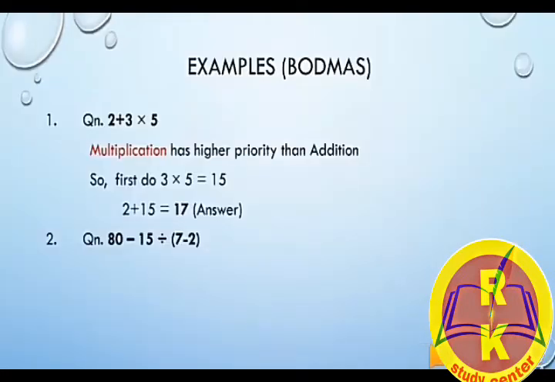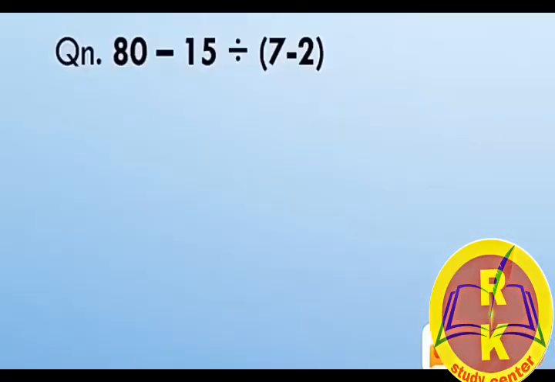The next problem is 80 minus 15 divided by (7 minus 2). How can we do this problem? Which one will we do first? According to the BODMAS rule, again B, bracket has higher priority. So we have to do the operation within the brackets. That is 7 minus 2. We have to do 7 minus 2 first.